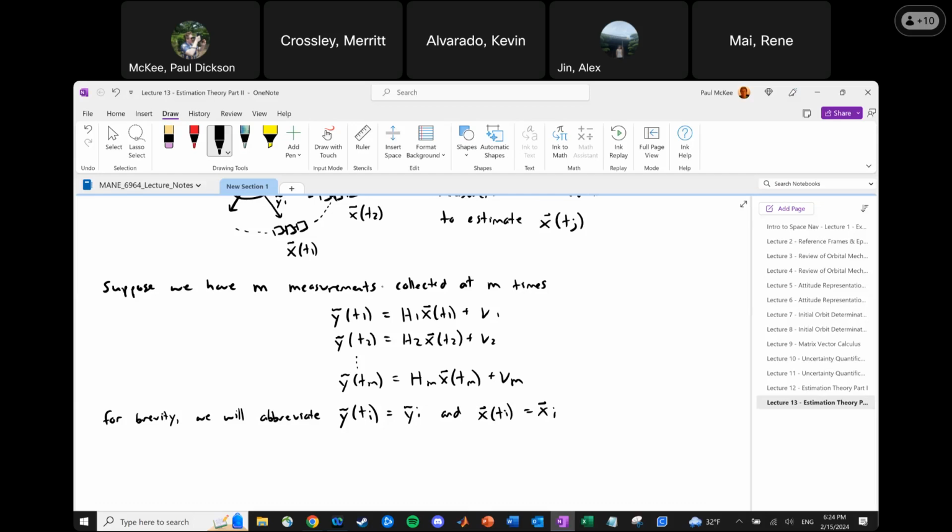Okay, so here's the situation. We want to estimate the state X at a particular time. We can map the states at different times to states at a common time.